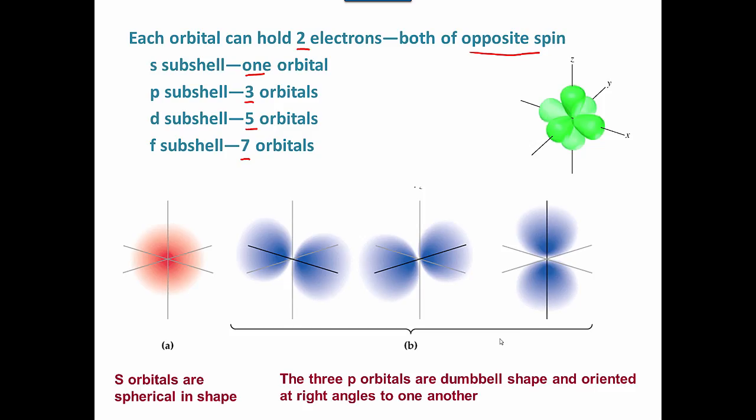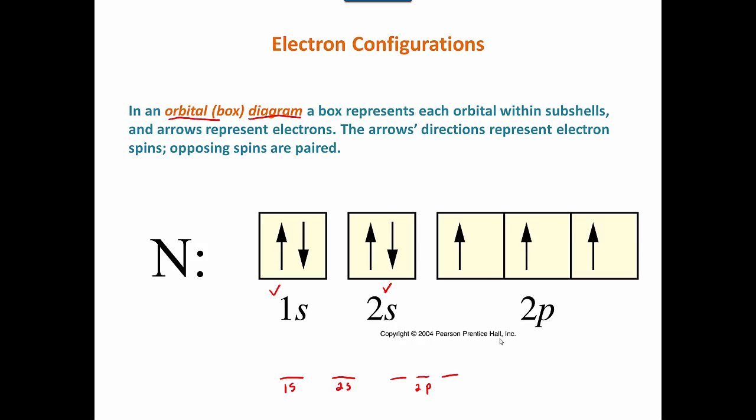Again, these are neutral atoms that we're writing the configurations for. So 2 of the 7 are in the 1s, the 2s fills first, and then the remaining 3 electrons go into the 2p. Notice that we don't pair electrons until each orbital in a subshell is half filled.